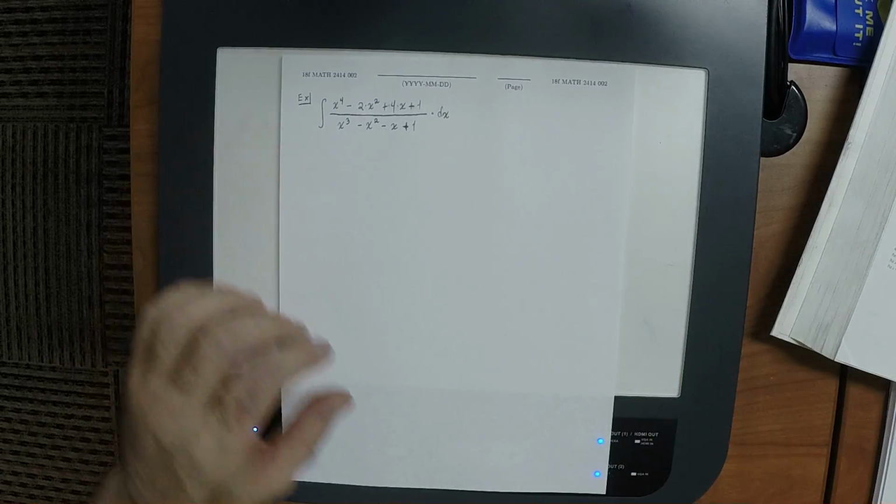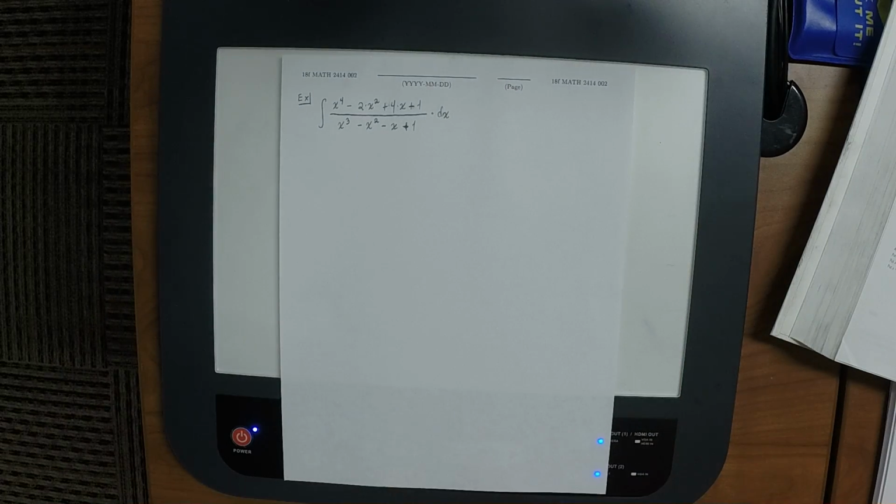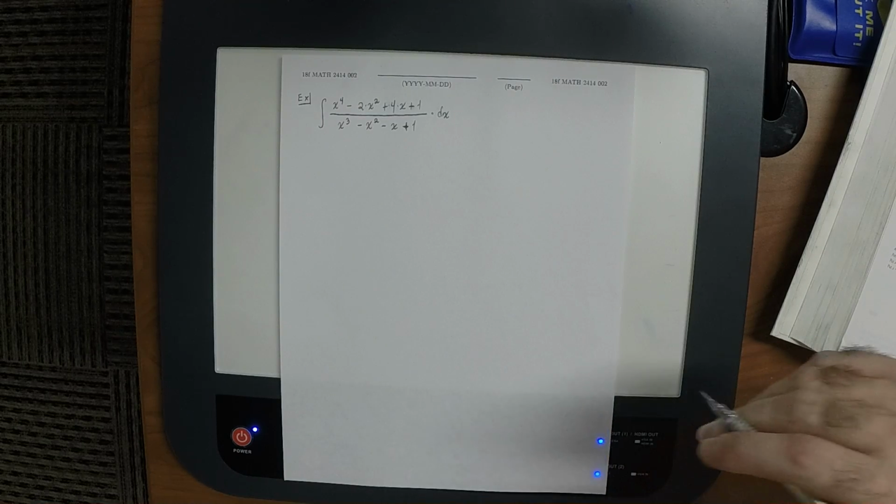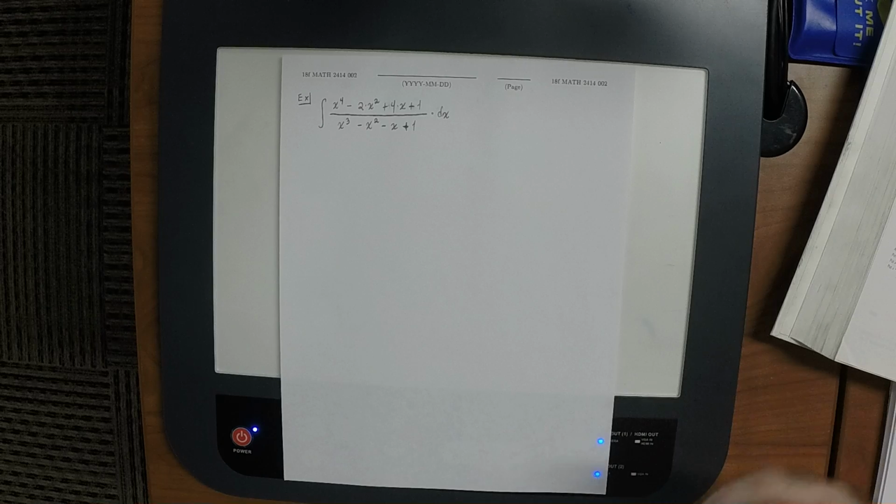All right. So you're being asked to anti-differentiate this rational function. Now, because we're in the partial fraction decomposition section, that's a pretty good hint that we're going to use partial fraction decomposition.